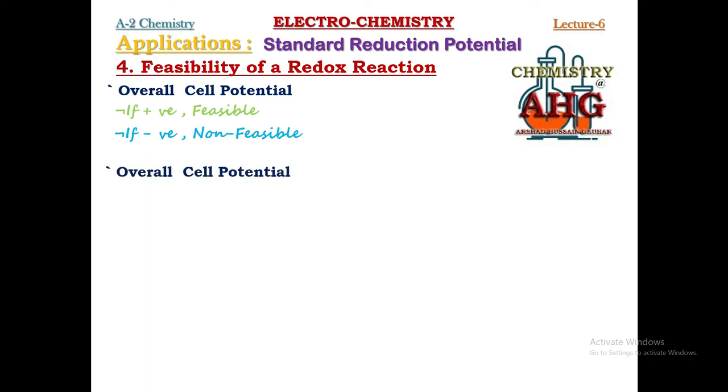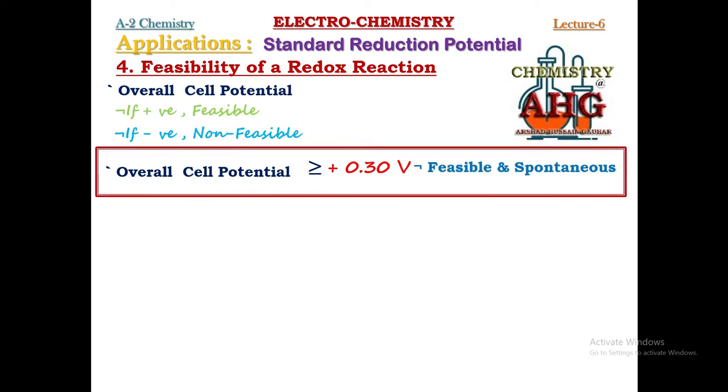If the overall cell potential of a chemical reaction is equal to or greater than 0.3 volt, then that reaction is known as a spontaneous feasible reaction. So this is the limit of the voltage that a chemical reaction must produce. If this much voltage is produced by a chemical reaction, then that chemical reaction can be known as spontaneous, and obviously it would be a feasible reaction.